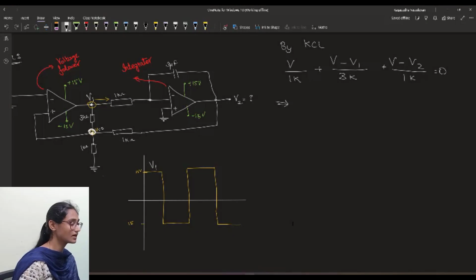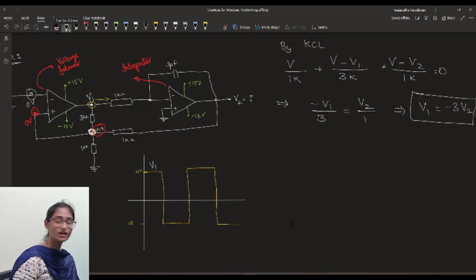By the virtual ground concept, this is 0 volt, and hence V is also 0. So this implies that minus V1 by 3 is equal to V2 by 1. So V1 will be minus 3 times V2.